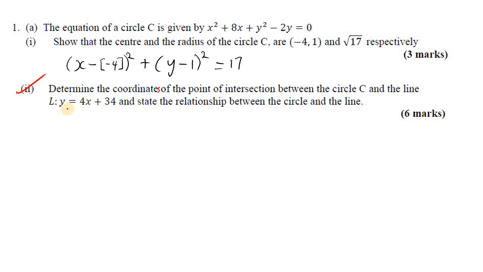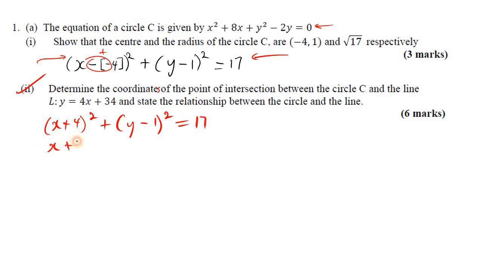What we're going to do is take y equals 4x plus 34 and plug it into either this equation or this one, because this equation here is the same as this one. Whichever one you use is fine. Let's use the general form: x plus 4, all squared, plus y minus 1, all squared equals 17.